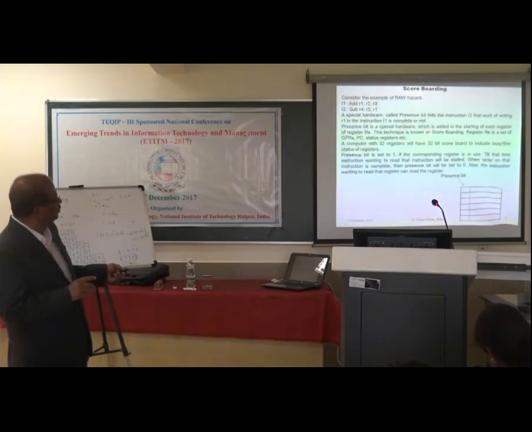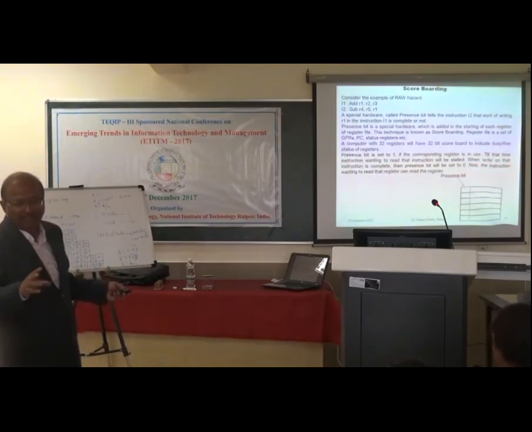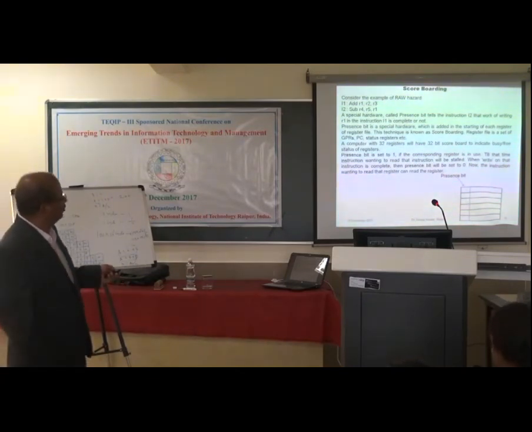This technique is known as scoreboarding. The register file is the set of all GPRs, general purpose registers, program counter, status register, etc. Therefore, a computer with 32 registers will have a 32-bit scoreboard to indicate the busy or free status of registers.